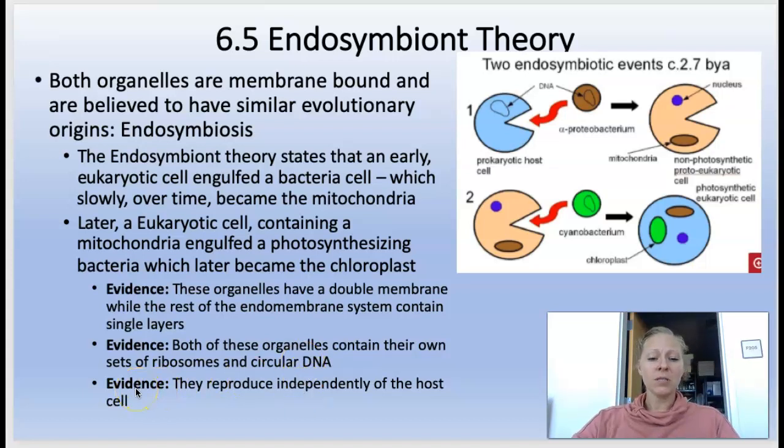And finally, our last piece of evidence is that they reproduce independently of the host cell. So not only are they making their own proteins and have their own DNA, they also reproduce independently. They have their own sort of cycle and system. And so for these reasons, we believe that these two organelles were once independent.